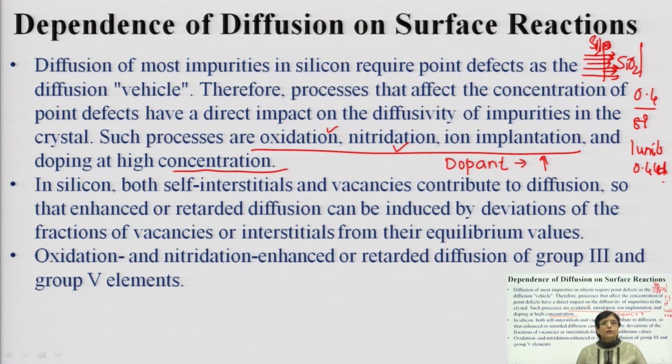Now, just see, in the case of silicon, both self-interstitials and vacancies contribute to the diffusion, so enhanced and retarded diffusion can be directly induced by deviation of the fraction of these vacancies or interstitials from their equilibrium values.